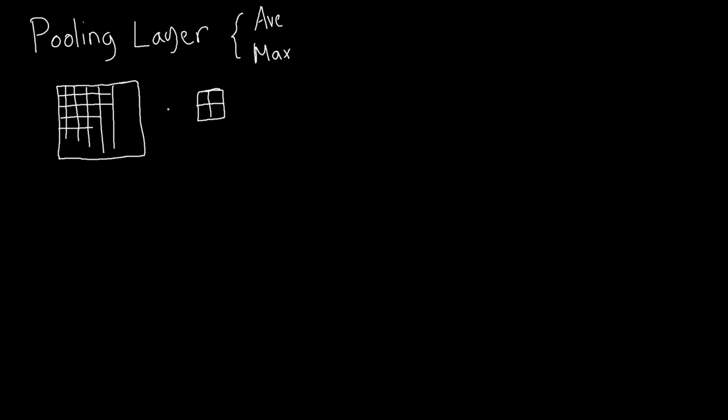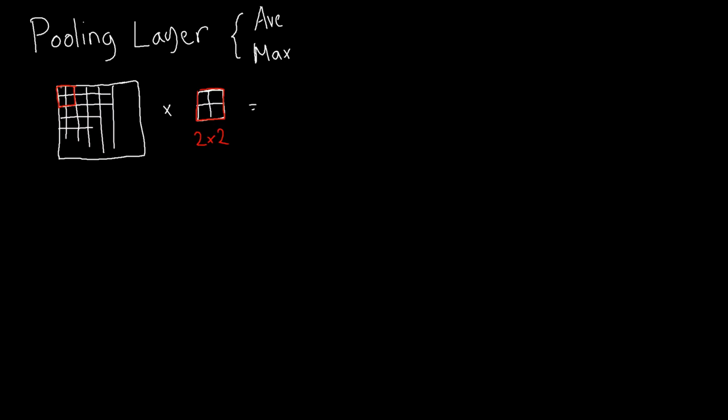How does the pooling layer work? Firstly, the first cell in our output would be the operation between the first two cells and our filter, which now has a dimension of 2 by 2.